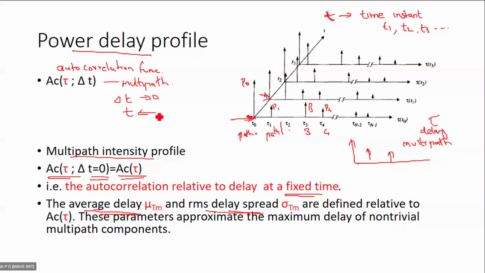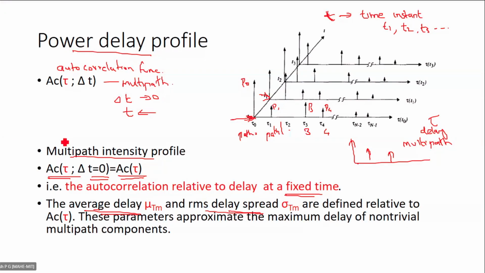That is, we are not looking at different time instances, that is t1, t2, t3, t4, etc. We see this function from a particular time instant, let us say t0. We are fixing on to t0, and then we are analyzing the power that is received at the receiver.